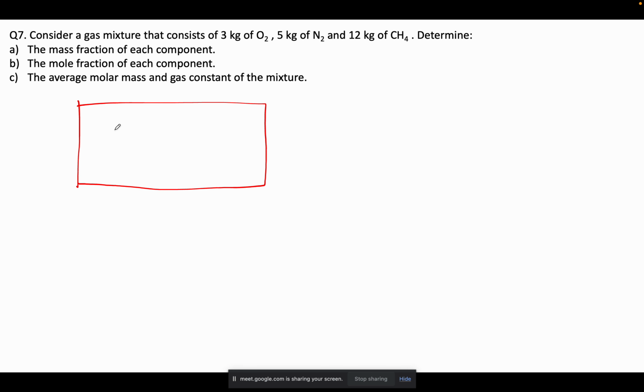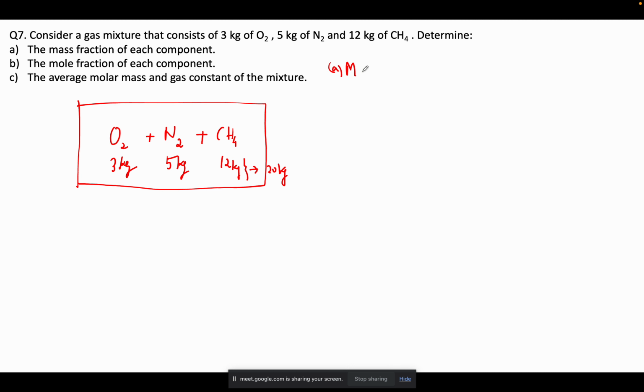So there is a mixture of oxygen plus nitrogen plus methane. Oxygen there is 3 kg, nitrogen there is 5 kg, and methane there is 12 kg. So total it is 20 kg.